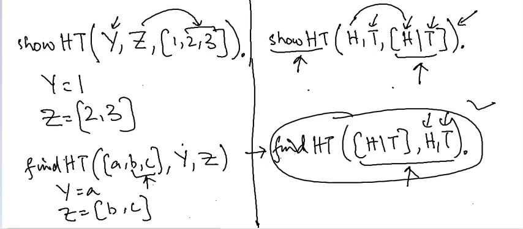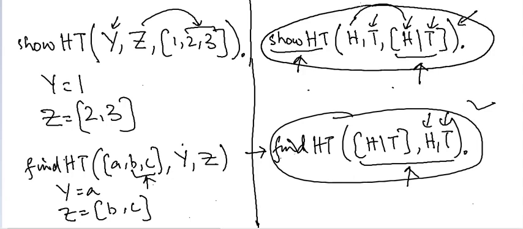Okay, one thing you should know is that we define these clauses by ourselves, right? So these are user defined clauses. We decided that our clause show ht is going to have h, an unknown variable, t, an unknown variable, and an array. This h obviously is going to correspond to the head of the array, and this t will match the tail of the array, right?